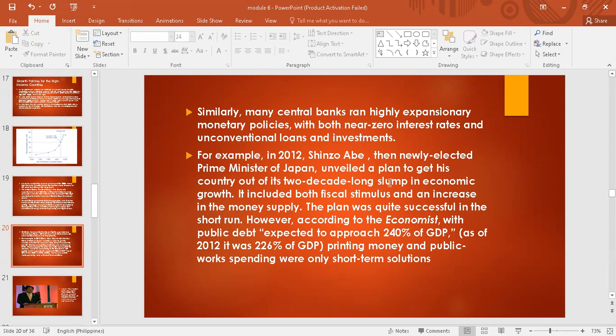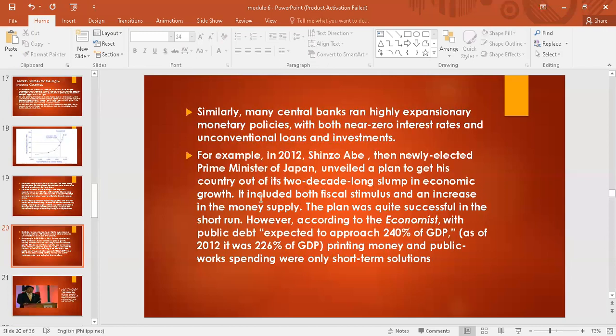Isang example po natin dito ay ang Japan. So Japan po, si Shinzo Abe, siya ang new elected prime minister ng Japan that time. Because Japan has focused sa short-term goals niya, sa short-term activities. Isa rin po ito sa naapektuhan nung recession.